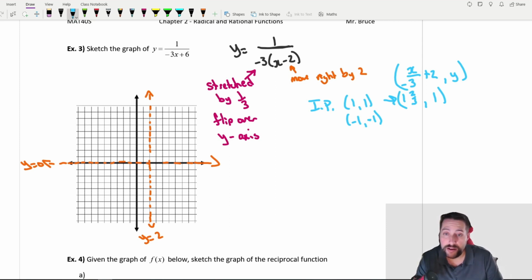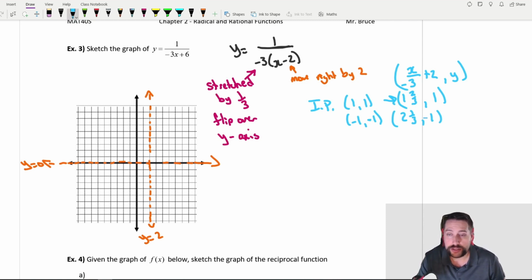This next one, we have -1 divided by -3. Well, that's 1 over 3, and you add 2 to it, so that's 2 1/3. Again, your y is still the same. So those are our new invariant points. They're still at y equals 1, but in a different spot.